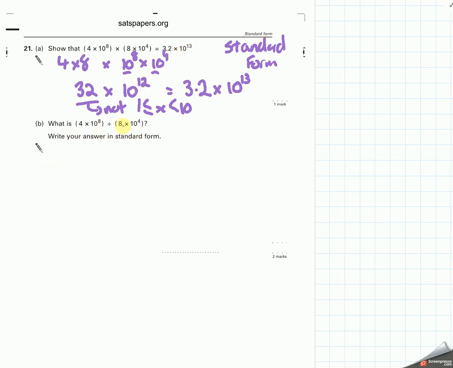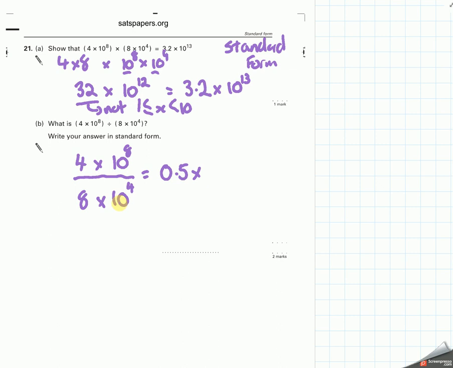Do this calculation, write your answer in standard form. So again, I would write my divisions into fractions. And again, you can do the parts separately because we're doing a multiplication and division. They're equal precedence. So 4 divided by 8 I know is a half, which is 0.5.